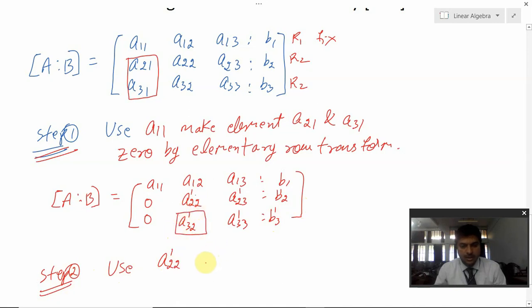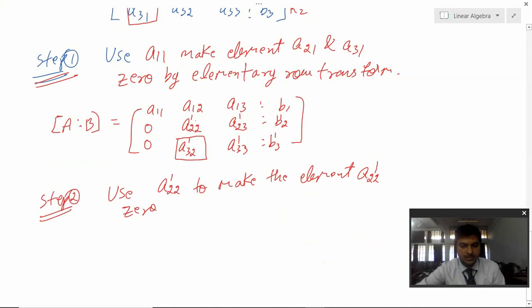So use A22 dash to make the element below A22 dash 0. Yes friends, you have to make this element 0. This you will understand when you solve the problem. Okay, how to make 0, that I will tell you. Okay, you make this 0 now.